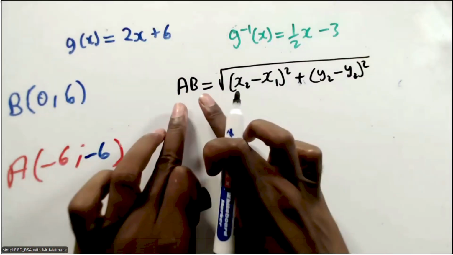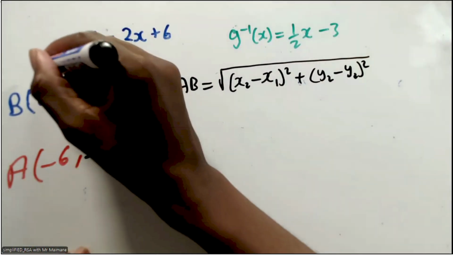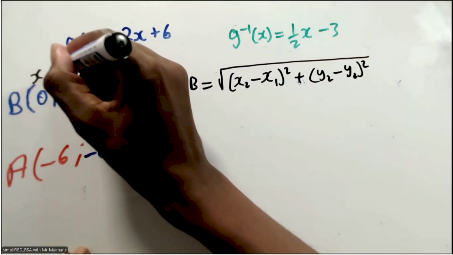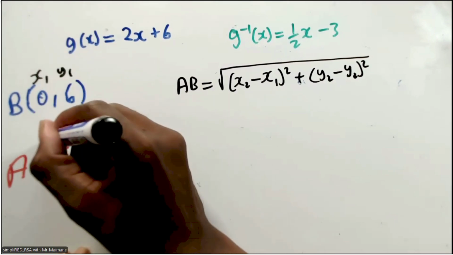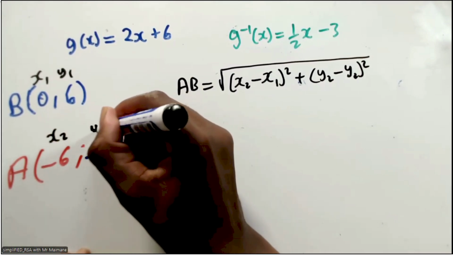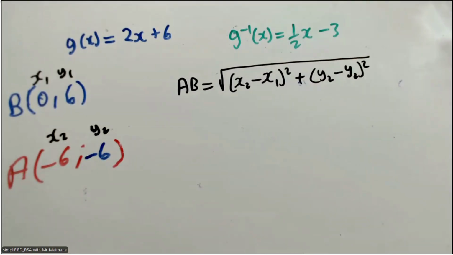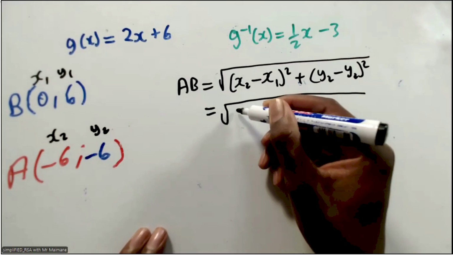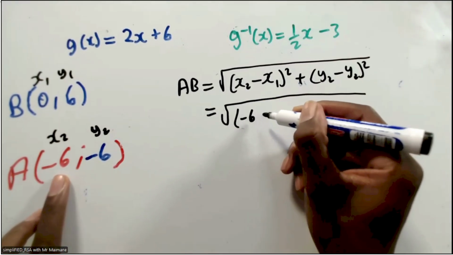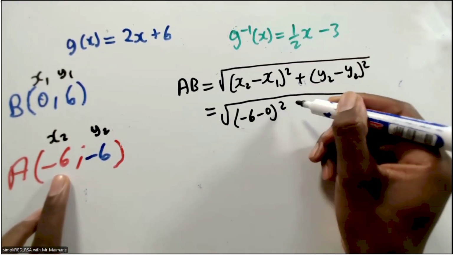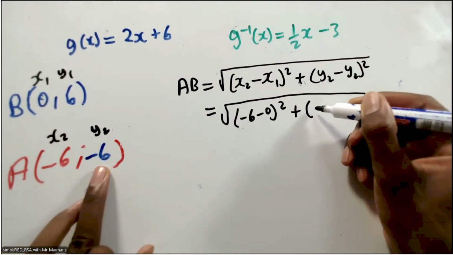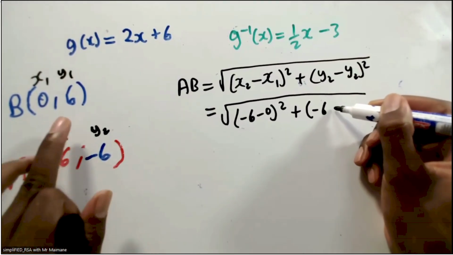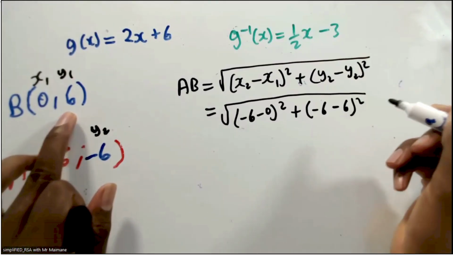The square root of that will give me the distance of AB. From here, I can name these my x1, y1, x2, y2. It doesn't really matter which order. In this case, I will have (-6 minus 0) squared plus (-6 minus 6) squared.